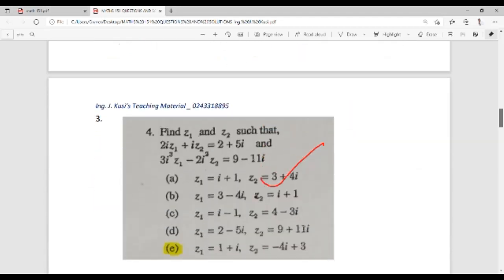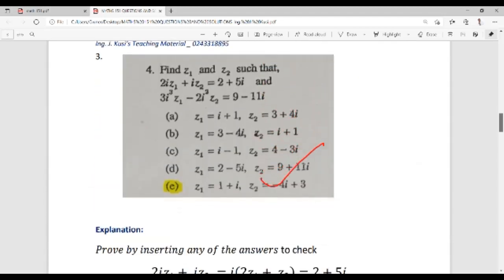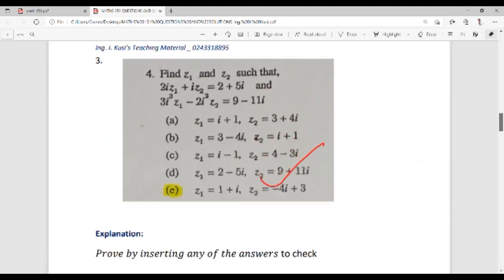So the next question is question 4. Question number 4 is saying that you should find Z1 and Z2 such that 2iZ1 plus iZ2 is equal to 2 plus 5i, and 3i squared Z1 minus 2i squared Z2 is equal to 9 minus 11i.